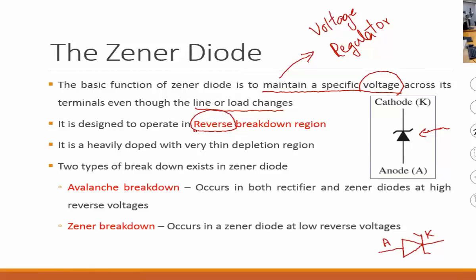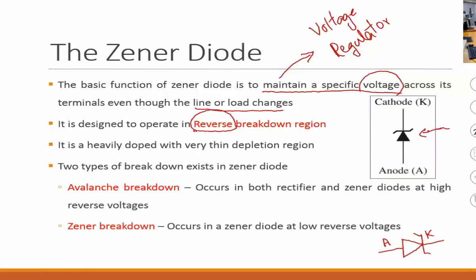There is no difference. That's why the Zener diode's intended operation is only reverse bias. In forward bias, it's still 0.7, so it behaves exactly as a normal diode.